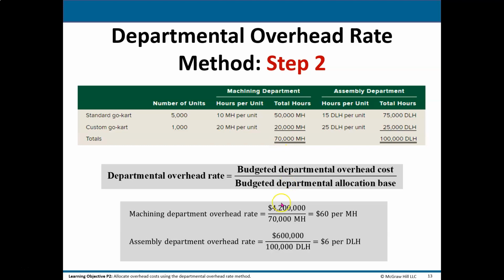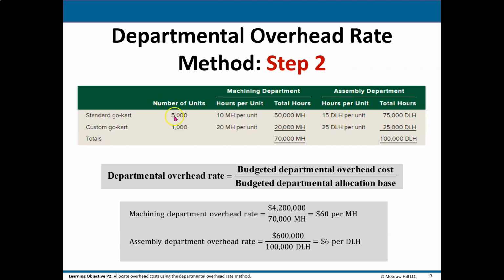So that's when I take my overhead rate down here. My estimated overhead in the machining department, 4,200,000. Divide that by 70,000 machine hours, and I'm going to get an overhead rate of $60 per machine hour. Now let's go to the assembly department.